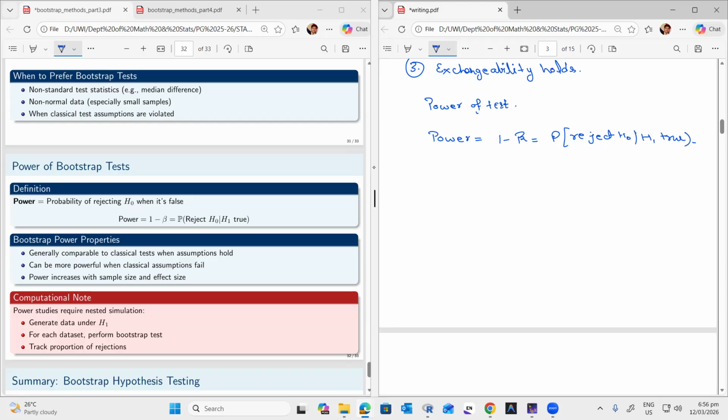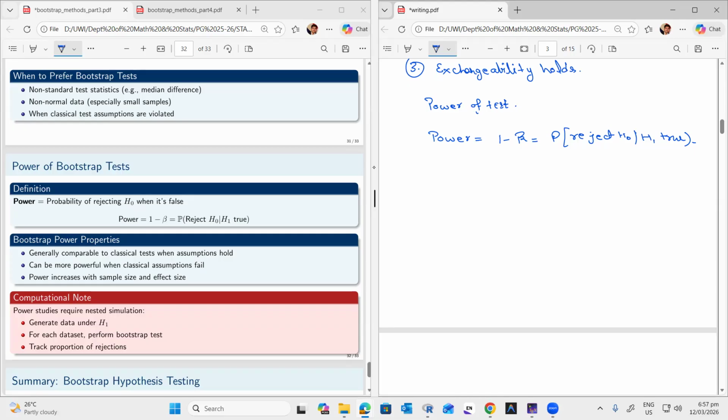We rarely get the exact sampling distribution. But in the bootstrap test, we simulate the null distribution empirically. The permutation test provides an exact conditional test, and Monte Carlo approximation can achieve any desired accuracy.